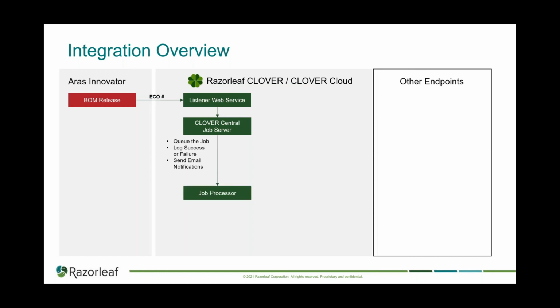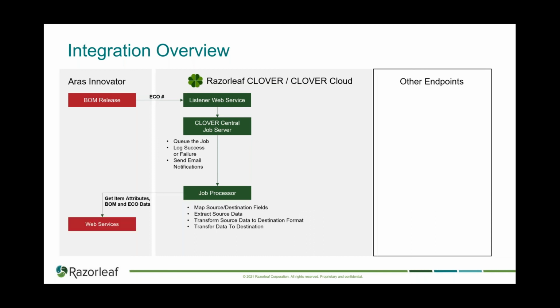So in my simple example here, CLOVER will invoke a job processor that is responsible for doing the work, right? It's going to go back and get all the data it needs, get all the files it needs. It's going to shape that data, transform that data, make sure the data conforms to the rules of the destination system, all those types of things that you might have the job processor do.